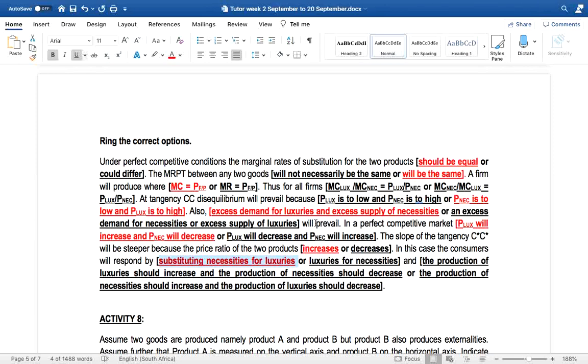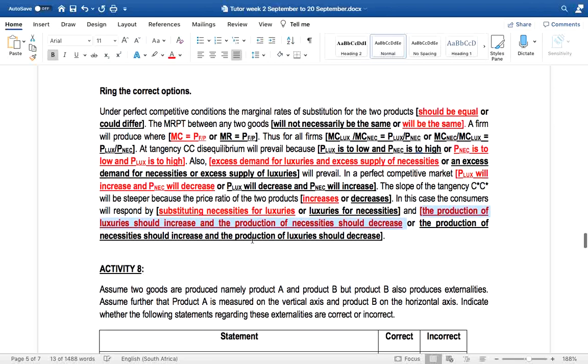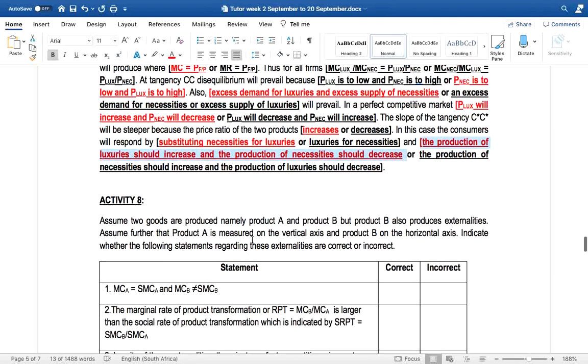With the same amount you can still afford more necessities. And the production of luxuries should increase and the production of necessities should decrease. And that's activity 7, guys.